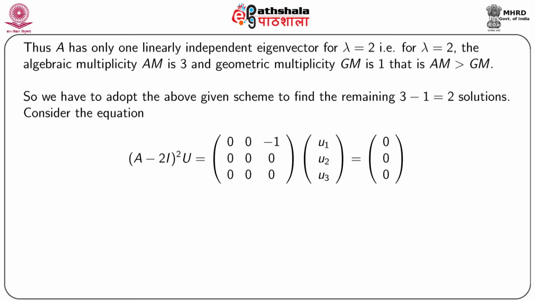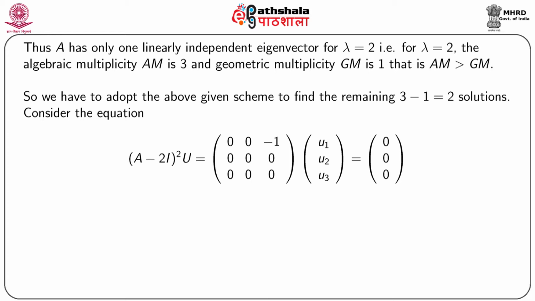So, in order to adopt the described scheme, we have to find the remaining 3 minus 1, that is 2 solutions. This 3 minus 1 comes from the difference of the algebraic multiplicity and the geometric multiplicity.